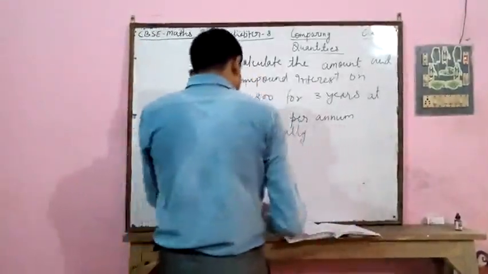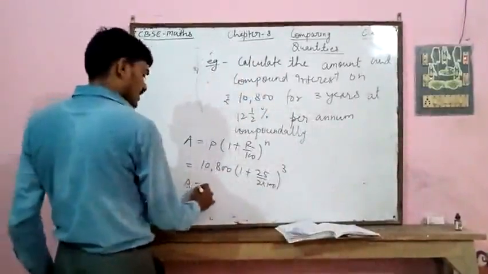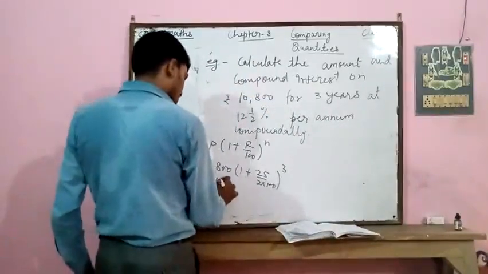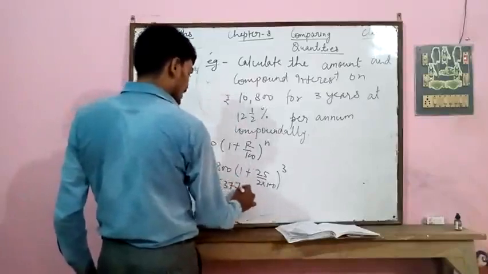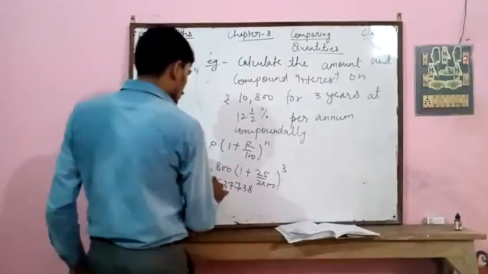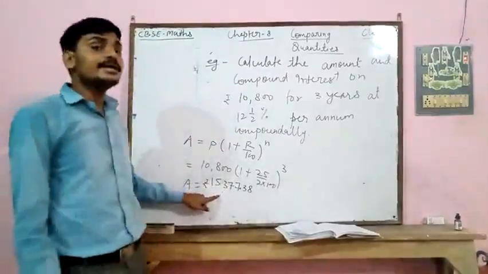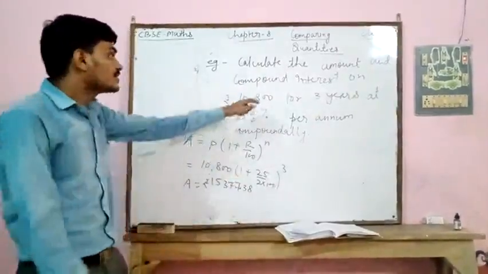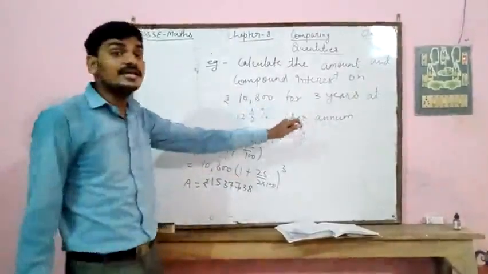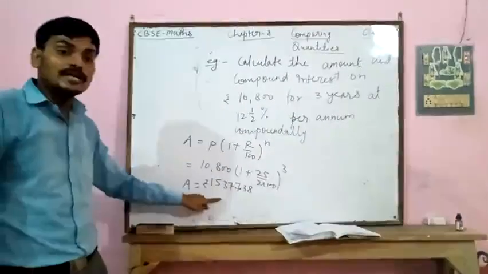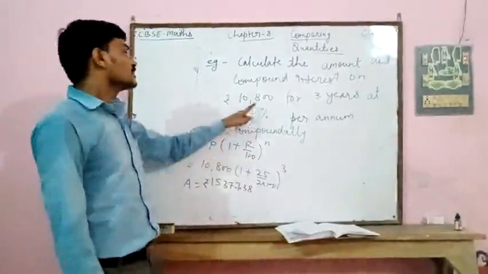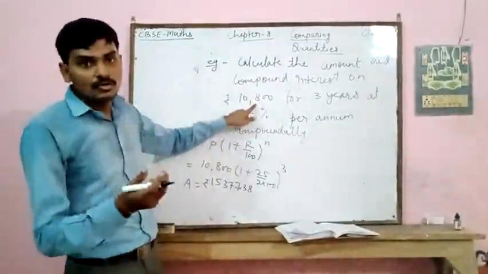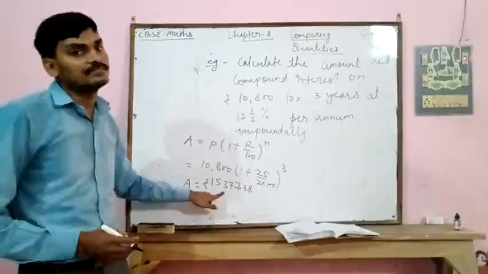After solving this you will get 15,377.34 rupees. So this is the total money you have to return. This is the money taken as loan, and this is the returning money after 3 years.